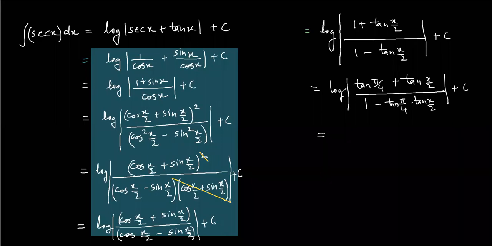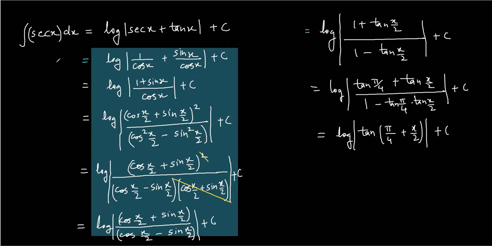So here I get this as log of tan A plus tan B over 1 minus tan A into tan B. So this is log of tan of A plus B, pi by 4 plus x by 2, plus c. This is the other form.